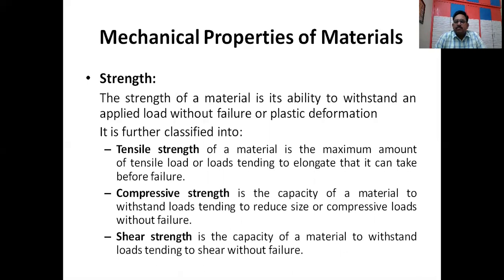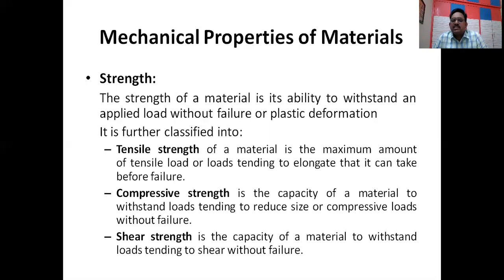Based on the load that we apply, the tensile strength of a material is the maximum amount of tensile load tending to elongate that it can take before failure. That means when it is subjected to tensile stress, how much maximum load a material can bear before it elongates or tends to failure, that is tensile strength.